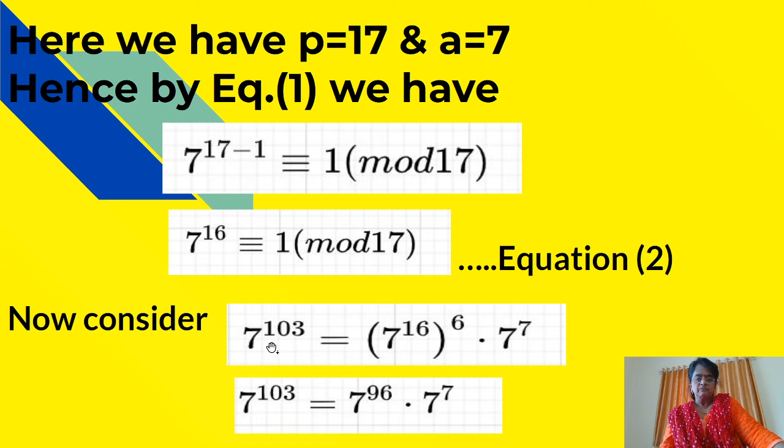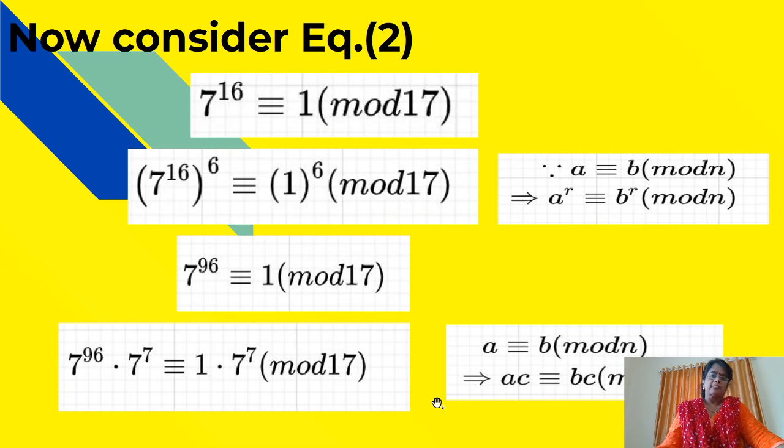Now consider 7^103, which can be written as (7^16)^6 times 7^7. Means 7^103 is equal to 7^96 times 7^7. Now consider our equation number 2, which is 7^16 is congruent to 1 mod 17.